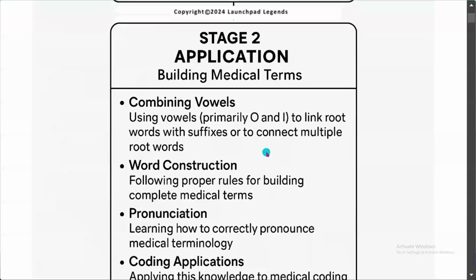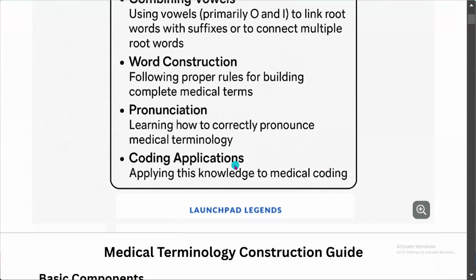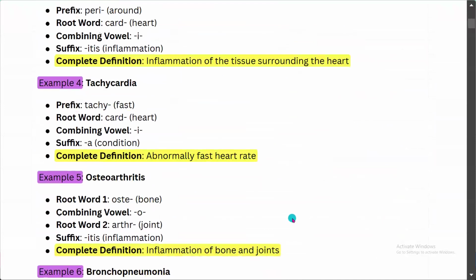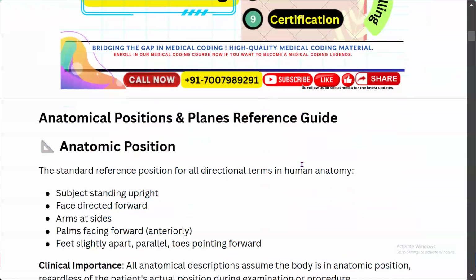Now you are going to construct a word, following the proper rules of building a complete medical term. Pronunciation means learning how to correctly pronounce medical terminology, and after that you will apply this knowledge to medical coding. I hope you understand, and in the next class, we'll learn anatomical position.